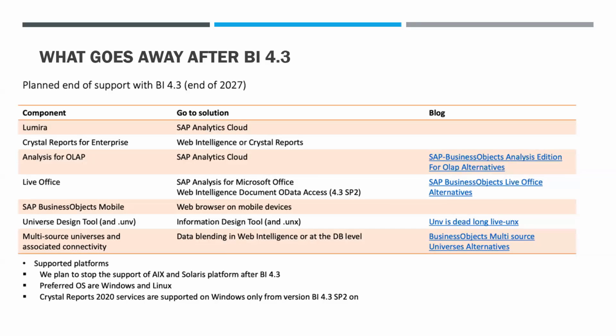Okay, so again, just a reminder about what's going away at the end of 2027. BI 4.3 goes away. Key things. Anyone using the mirror? Not by choice. Get off quickly. Get off quickly. Anyone using Mr. Reports? Analysis on that. Live Office.